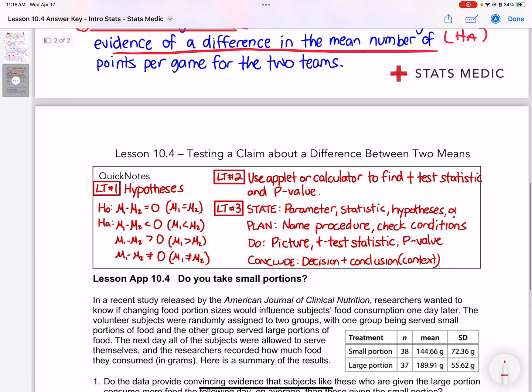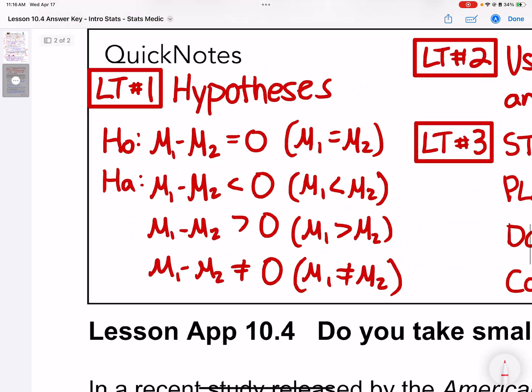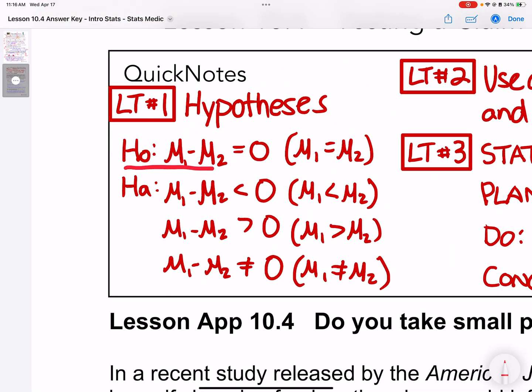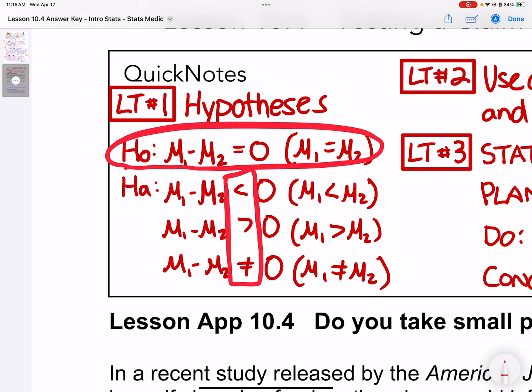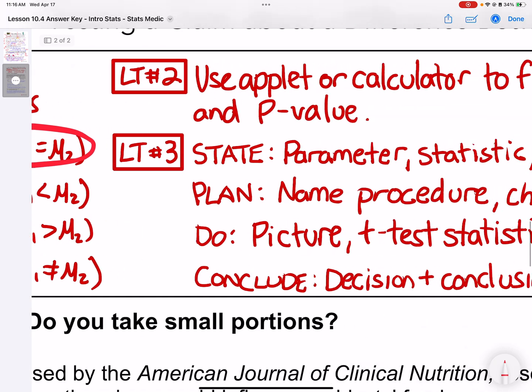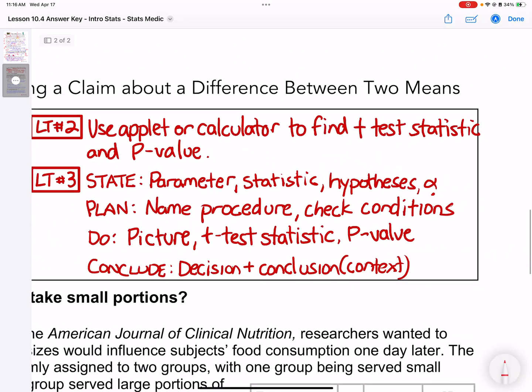All right, so let's look here. You can see on my hypothesis, this HO is always equal to. The HA has a choice of greater than, less than, or not equal to. When you use the applet or the calculator, remember the calculator is menu, stats, test, and it's a 2-sample t-test.